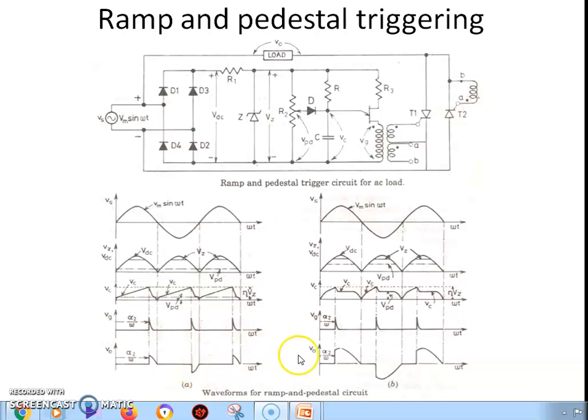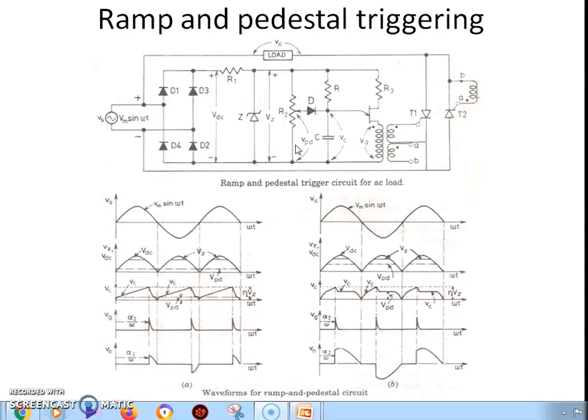With a high pedestal voltage on C, the ramp charging of C through resistance R reaches eta VDD plus VD faster. The firing angle delay is smaller, therefore the average output voltage is high. So we can say that the output voltage is proportional to the pedestal voltage.